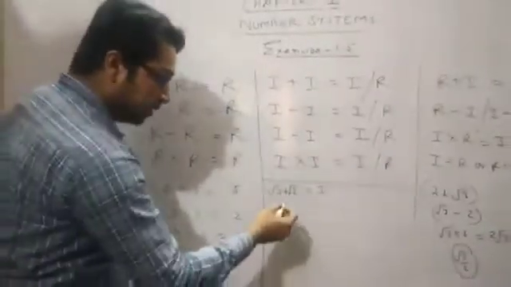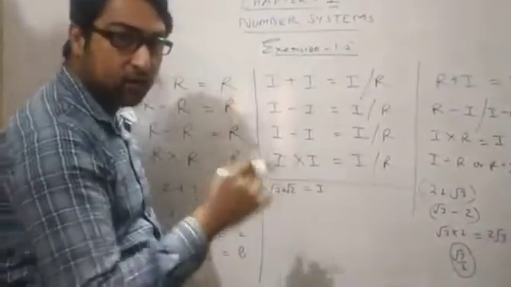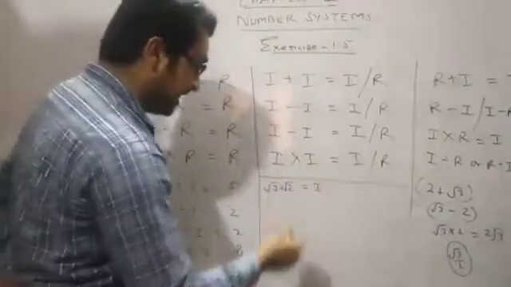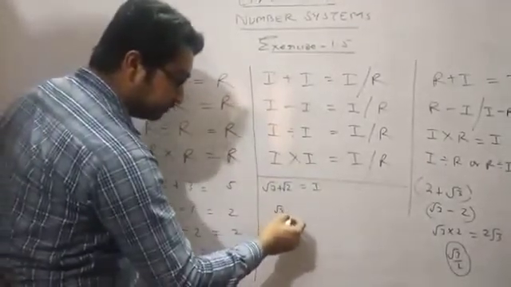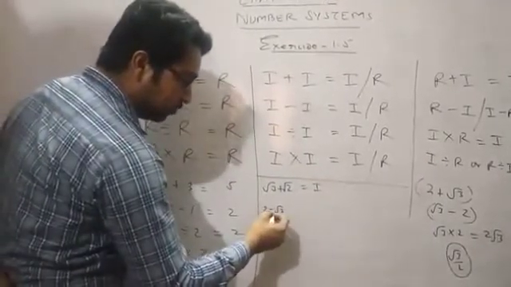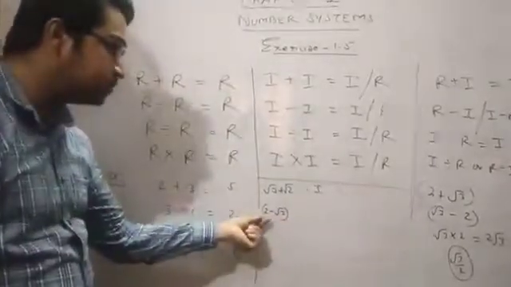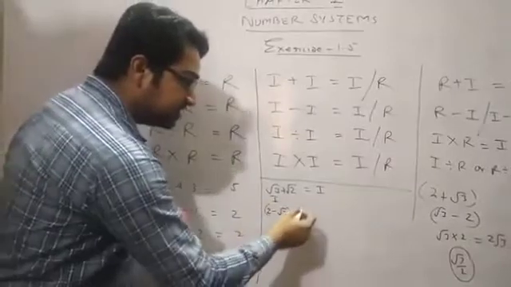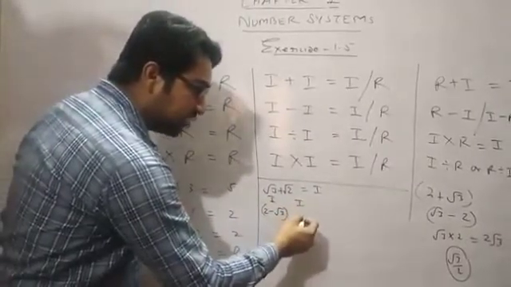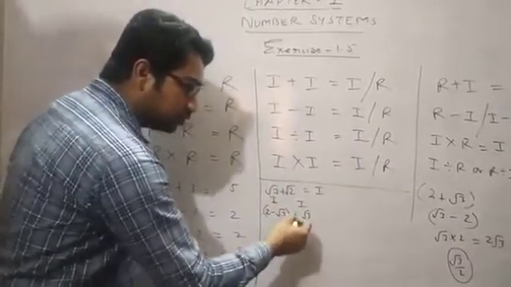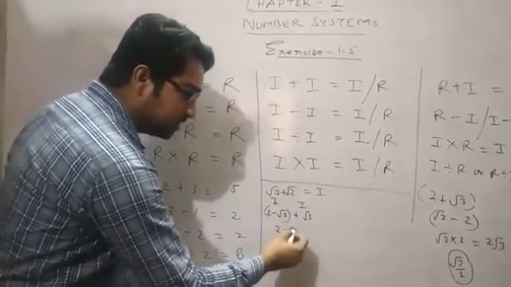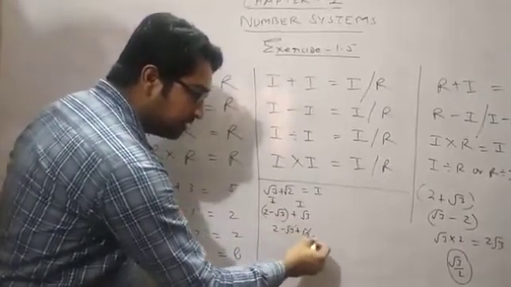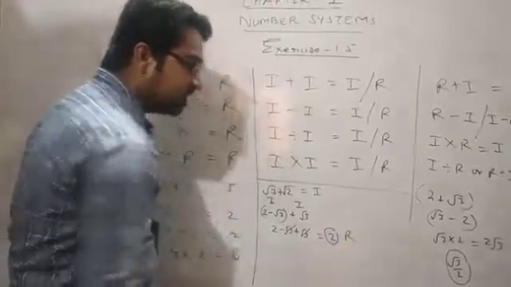But when we add a pair of irrational numbers like root 3 and 2 minus root 3, the difference of rational and irrational is an irrational number. When we add this irrational number with another irrational number, root 3, what will we get? 2 minus root 3 plus root 3, that is 2, which is called a rational number.